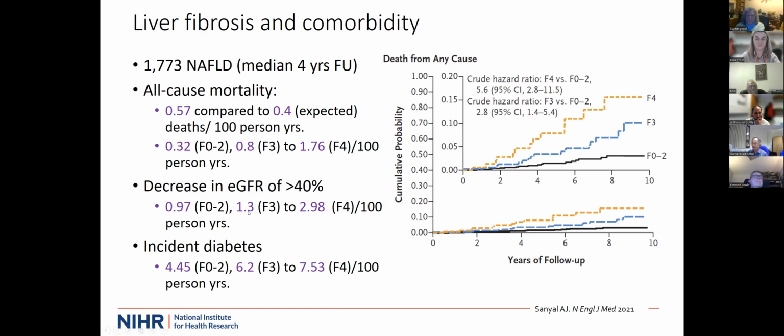Another point is that in the same way, the more scarring they have, the more kidney function is deteriorating, which is not really explained purely by scarring, because it's not all cirrhosis. Even people with lesser scarring have an excess risk of getting chronic kidney problems, which again might be related to scarring there.